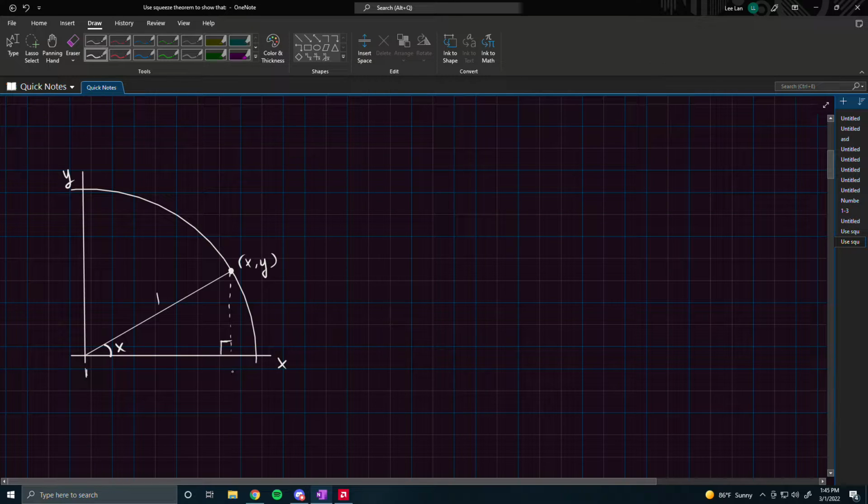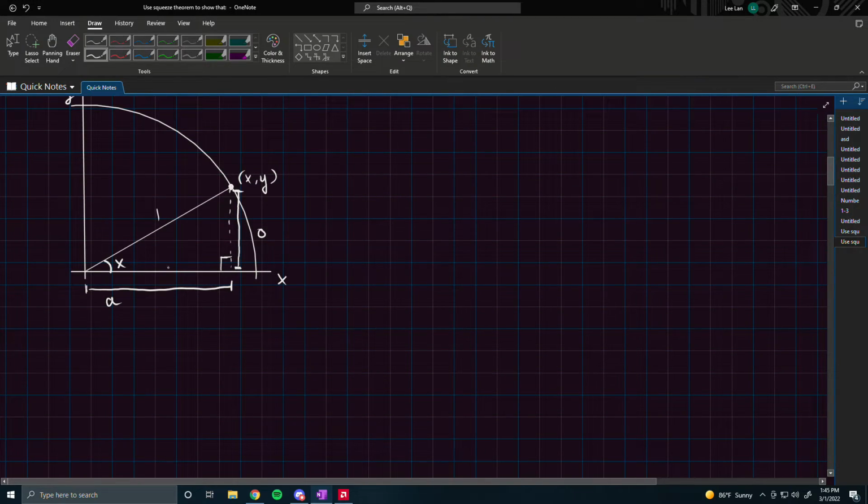This distance right here is my adjacent, A, and this is my opposite to my angle, O. Using SOHCAHTOA, cosine x is equal to my adjacent A over my hypotenuse, which is just 1.